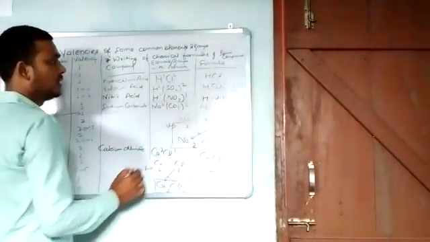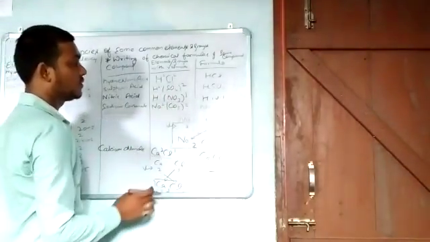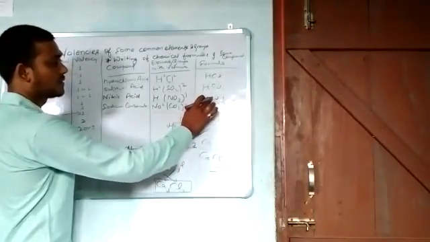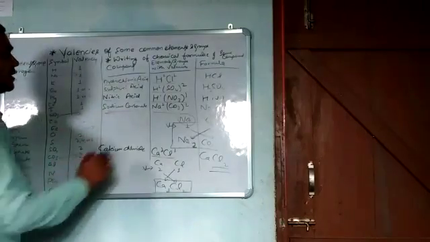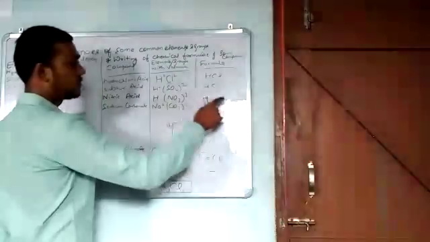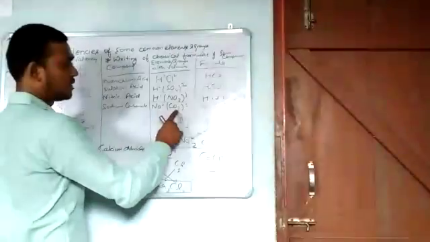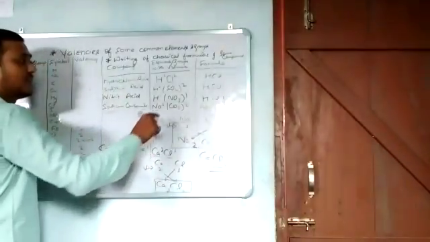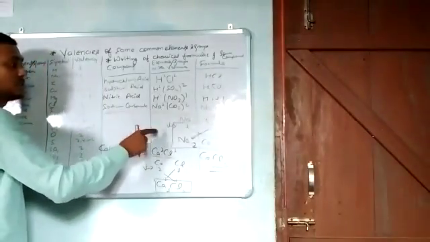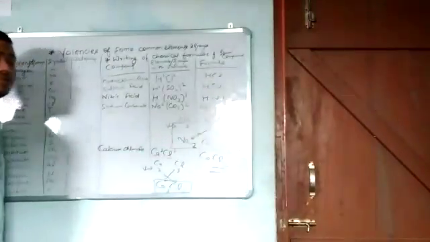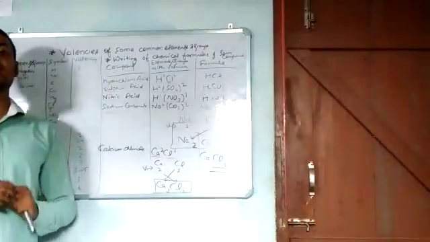Now the valency of NO3 nitrate is 1, we write the valency of nitrate in front of hydrogen, 1, we do not consider 1. Just assume that if nothing is written, it means 1. The valency of hydrogen is written in front of NO3. Similarly, the valency of carbonate is 2, we put it in front of sodium, and the valency of sodium is 1, we put it in front of carbonate.